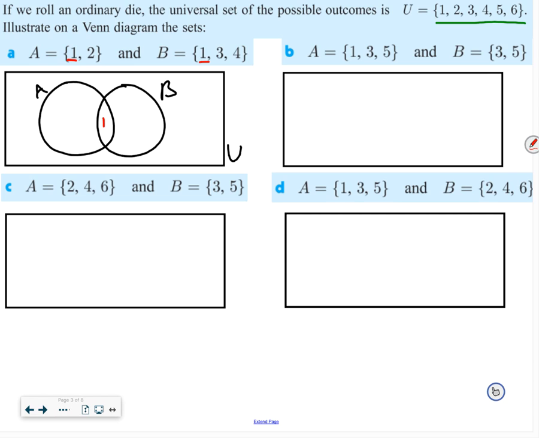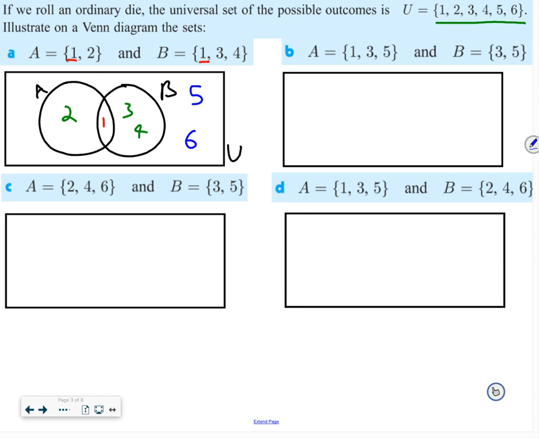There are no other elements in the intersection of A and B, so then I'm going to write the other elements. So in A, 2 needs to be there. In B, 3 and 4 are there. Well, I got to remember in my universal set, I have the digits 1 through 6. So I'm missing 5 and 6. So they're in the universal set, but not in the set B and not in the set A.